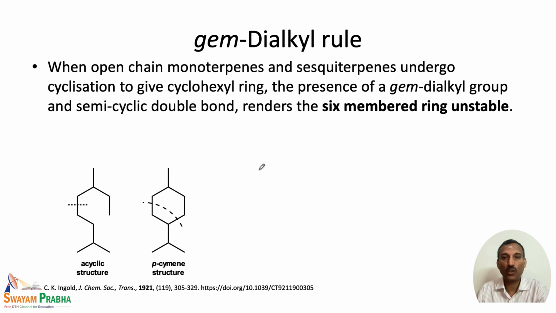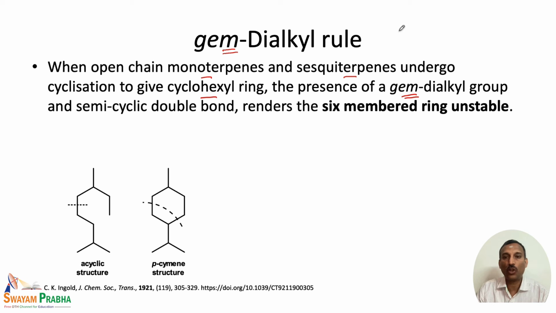And let us look at the gem-dialkyl rule. This is another important rule in the case of terpenes. When we talk about open chain monoterpenes and sesquiterpenes, they undergo cyclization to give cyclic systems, that is, a cyclohexyl ring. And when they have this cyclohexyl ring, there is something called the gem-dialkyl unit.